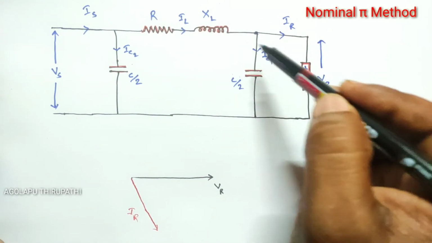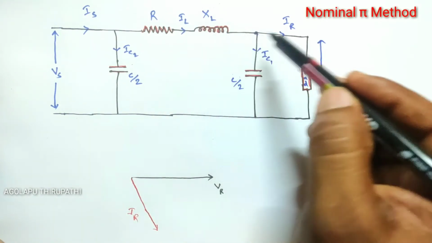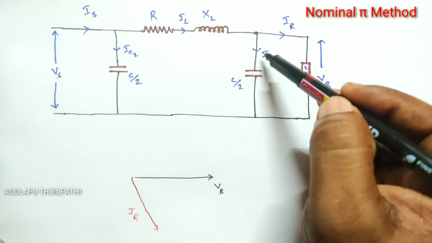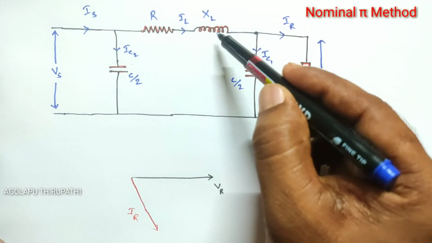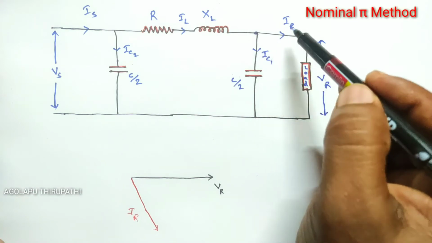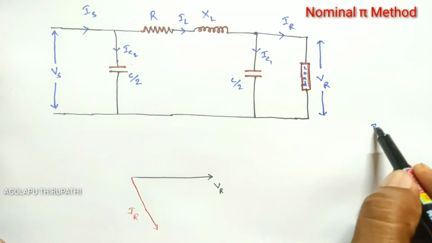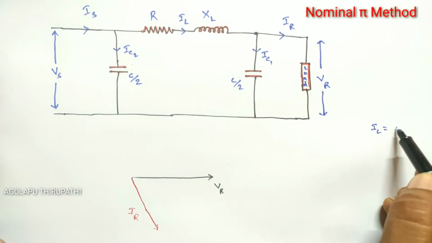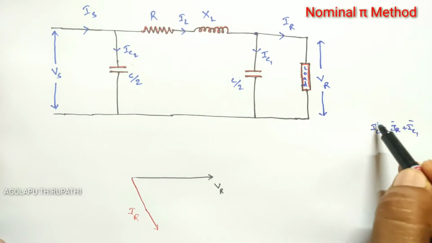So for this particular node, there is only one incoming current, that is IL, and these two are the outgoing currents. Therefore the sum of incoming currents, that is IL, is equal to the sum of outgoing currents, that is IR plus IC1. So from this it is clear that IL is equal to IR plus IC1. This is the vector sum, right?